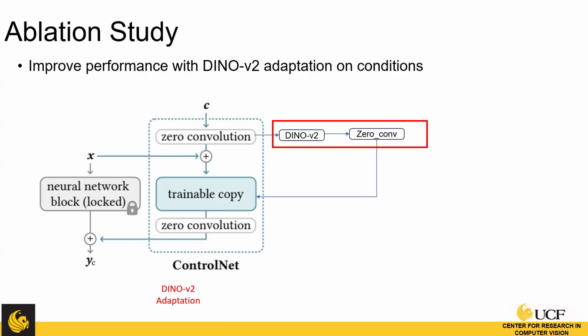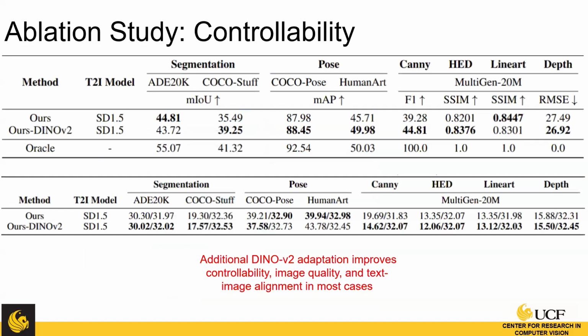So after the zero convolution, we add a DINOv2 adapter and a further zero convolution, and then send it to the trainable copy of the ControlNet. The result shows that the controllability and the image quality are significantly improved in most tasks.